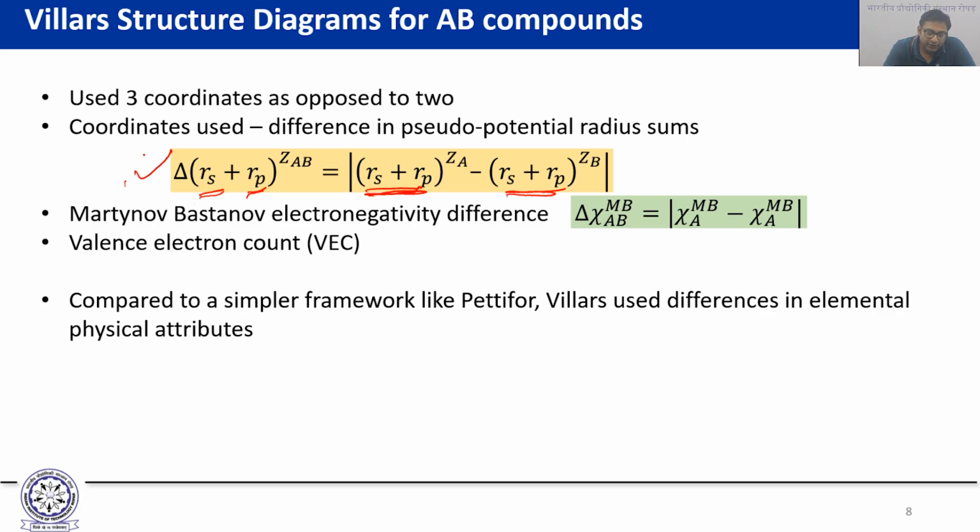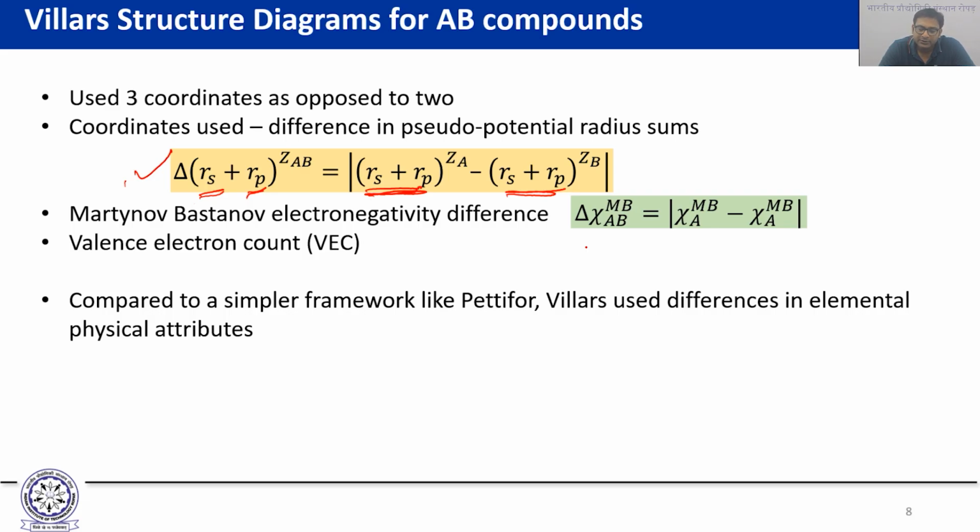Similar to Pettifor, he also included an electronegativity, but it was not the Pauling scale, it was a different scale, the Bassanov electronegativity scale. But then instead of using simply the electronegativity, he actually looked at the difference in electronegativity. And this is because he was looking at only compound formation.